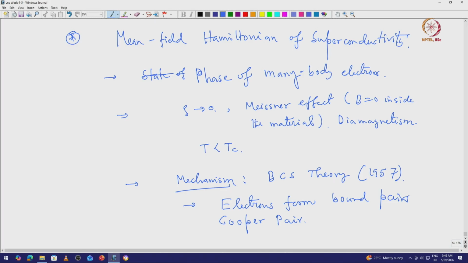Okay. And the reason for that is electron phonon coupling.